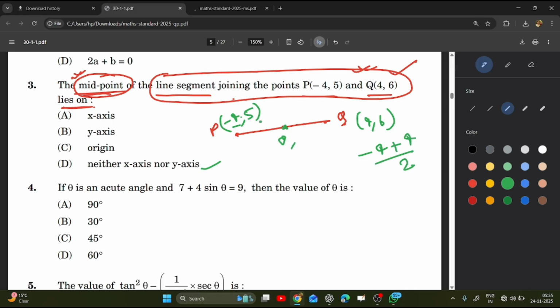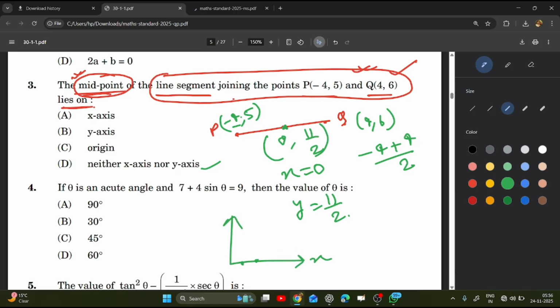Now the y coordinate will be 11 by 2. So this is the coordinate of your midpoint. Since we have here x is equal to 0 and y is equal to 11 by 2, it means this point is on the y axis.